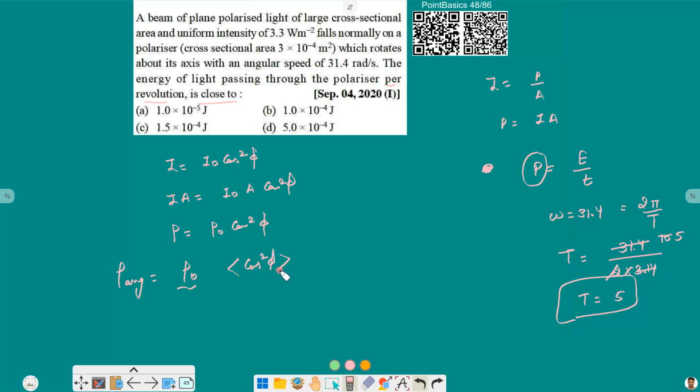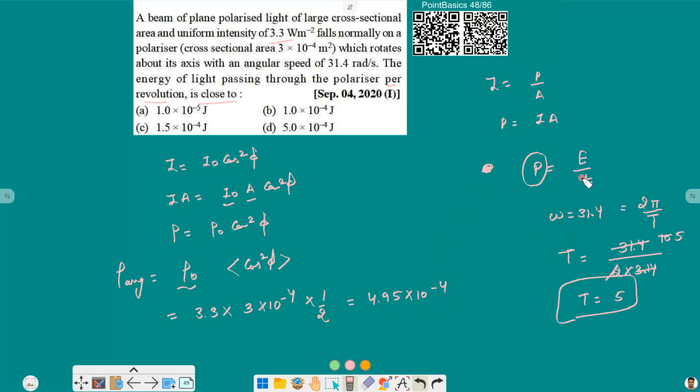Now average value of cos square phi is half, and P naught is intensity times area. Intensity is 3.3 into area, that is 3 into 10 raised to the power minus 4, multiplied by the half from cos square phi. Now this will give us 4.95 into 10 raised to the power minus 4, and this is the power.